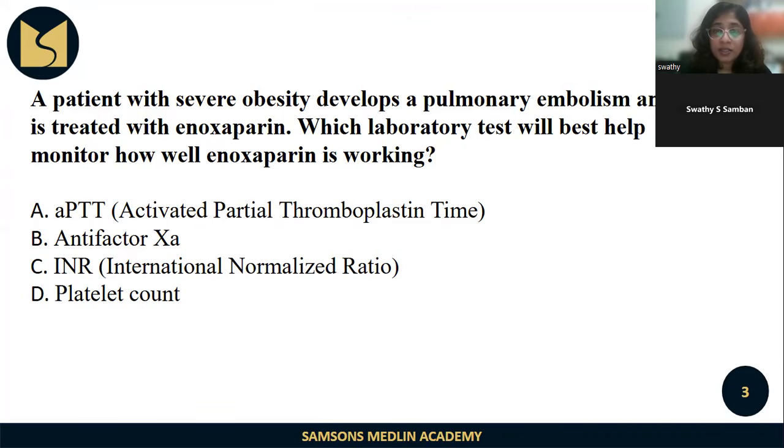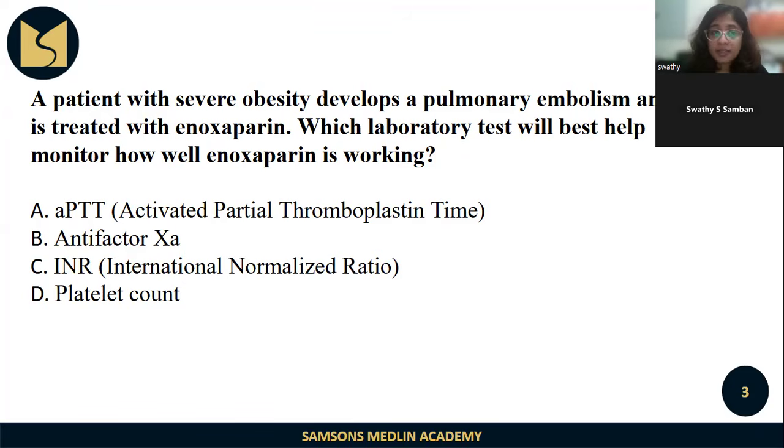So from the question, we understood the patient is severely obese and there is a pulmonary embolism emergency. The clot has reached the lungs and is treated with enoxaparin, which is a low molecular weight heparin. Which laboratory parameter can we use to monitor the enoxaparin?